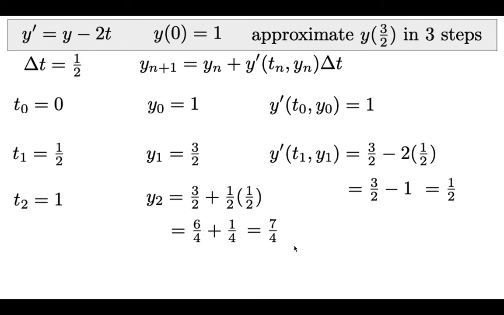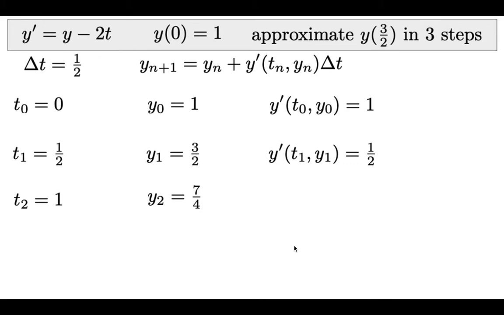Okay, let's clean up this work a little bit. So after two steps, we are now at t equal to 1 and y equal to 7/4. So we have one more step to go, and to calculate our next y value, we need the derivative at this point.